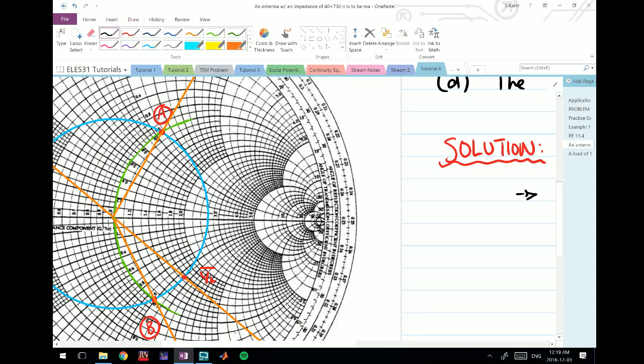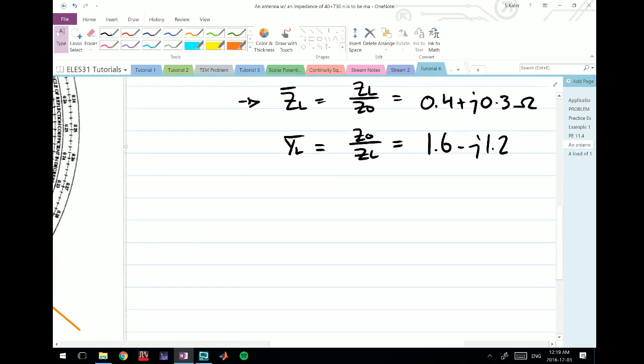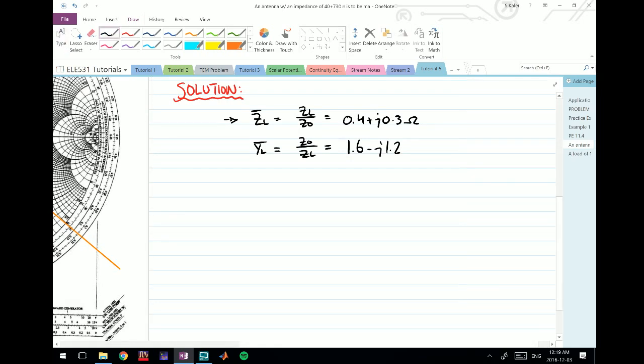What you'll find is that this intersection here is approximately 1 plus j1.04. So at A, y equals 1 plus j1.04, and at B, y equals 1 minus j1.04.